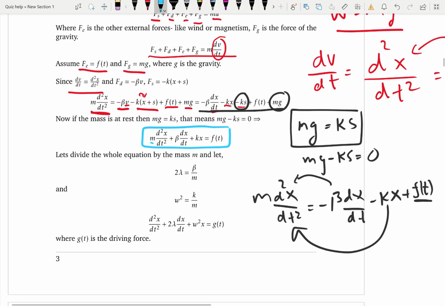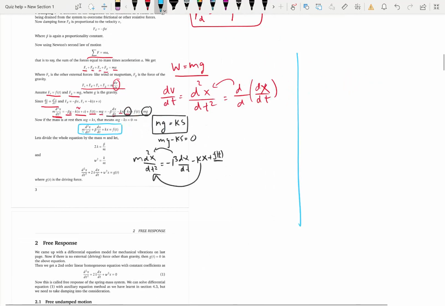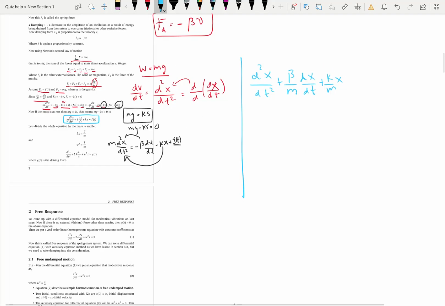Okay. So when you divide by mass, what you get is the second derivative of displacement, plus beta over m, that is mass, times dx over dt, plus k over m times x, is equal to f over m, right? Okay, so now let's define this beta over m to be 2 lambda.